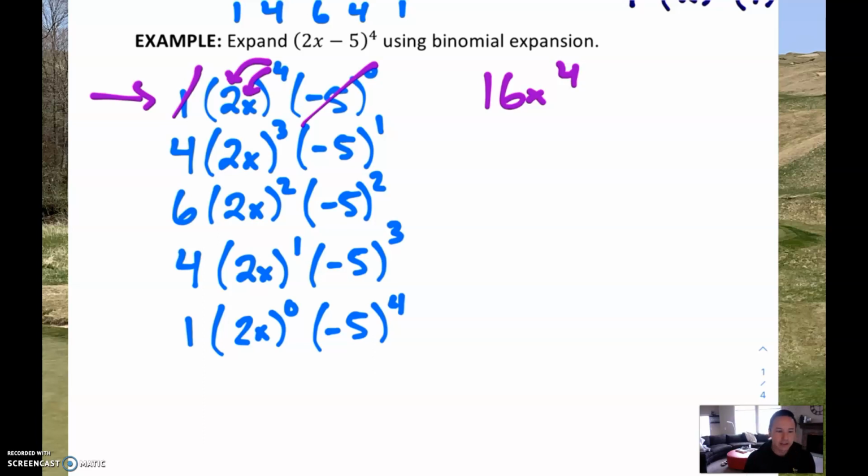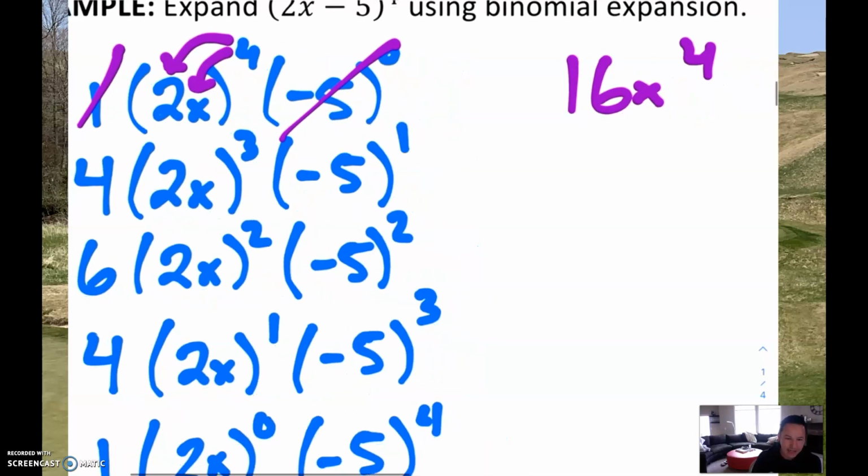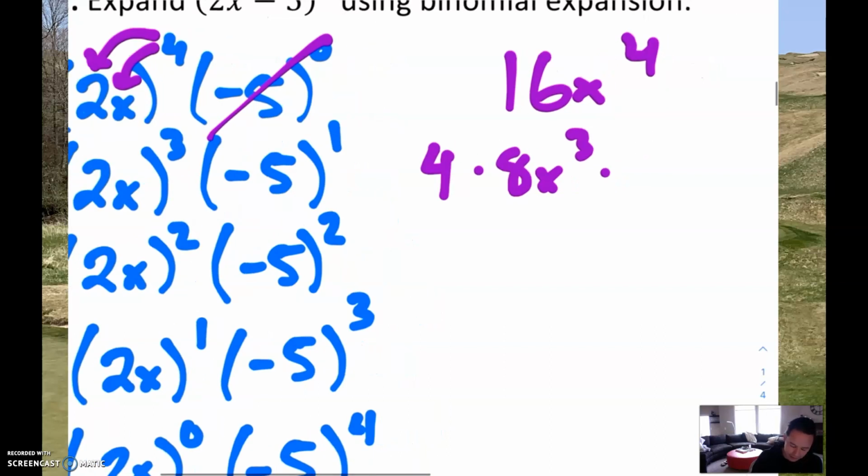Next one we have is 4 times 2x cubed times negative 5 to the 1st. So let's start with this 2x cubed. If I take 2x times 2x times 2x, that's going to be an 8x cubed. So this is actually going to be 4 times 8x cubed, and then negative 5 to the 1st power is a negative 5.